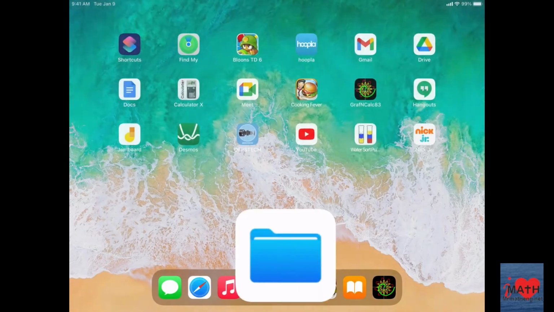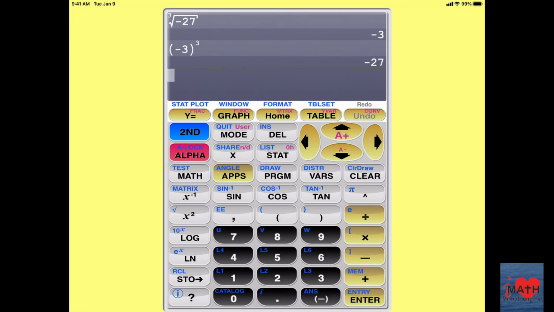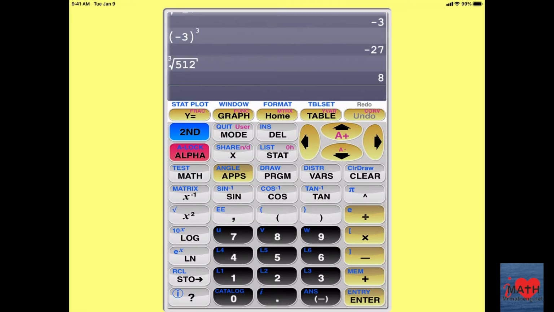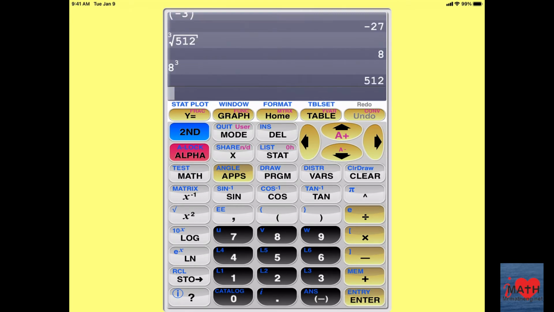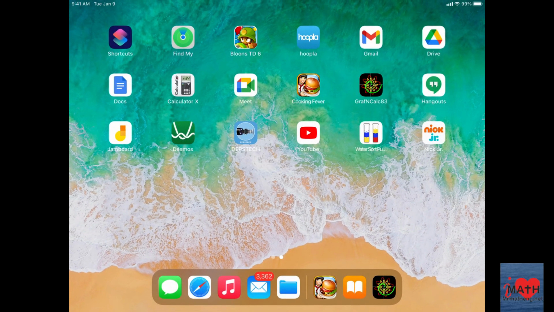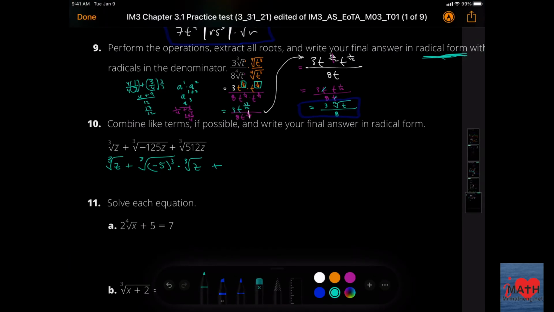Let's see if we can get lucky over here. Does it make sense? 8 to the third power means 512. 8 times 8 times 8 equals 512. So that would be the cube root of 8 to the third times the cube root of z.